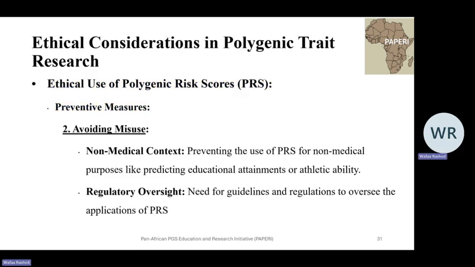And avoiding misuse is very important in the ethical use of polygenic risk score. In the non-medical context, preventing the use of PRS for non-medical purposes like predicting educational attainment or athletic ability. Regulatory oversight: the need for guidelines and regulations to oversee the applications of polygenic risk score.